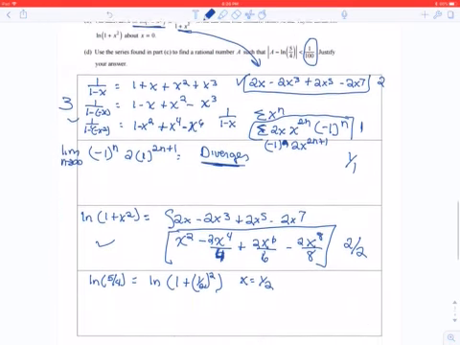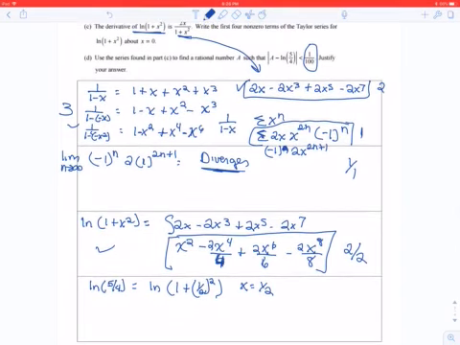Okay, so the first 2 terms of this series then is x squared minus 1/2 x to the 4th. So when I evaluate that at 1/2, I get 1/2 squared minus 1/2 times 1/2 to the 4th power.